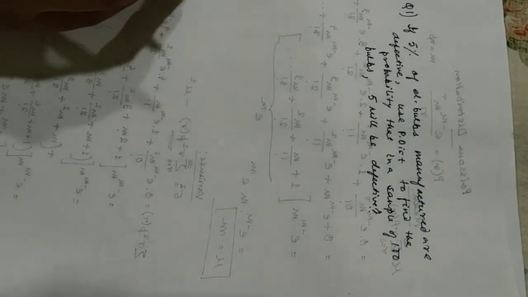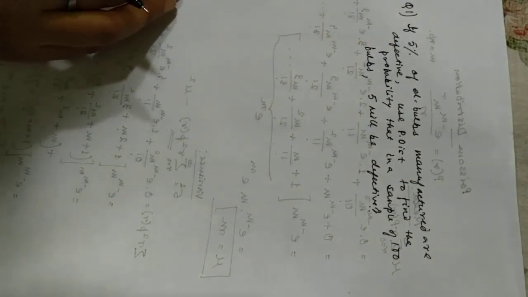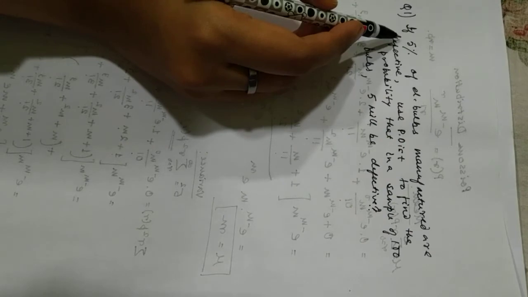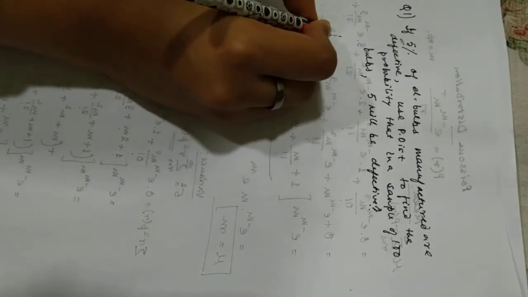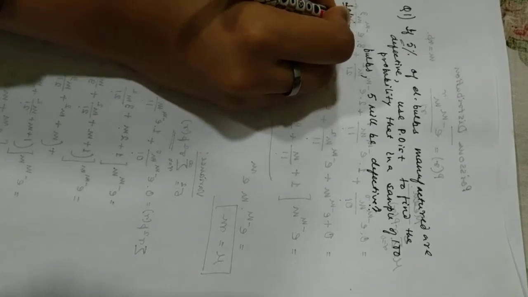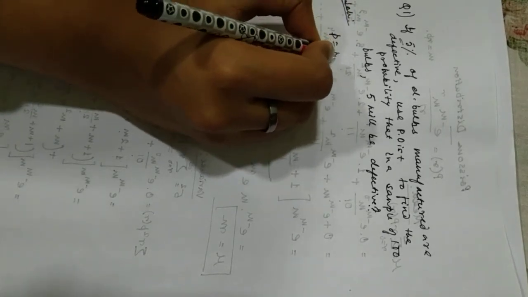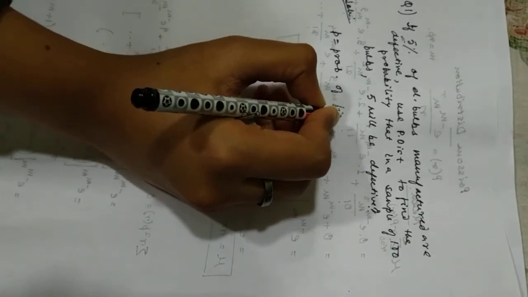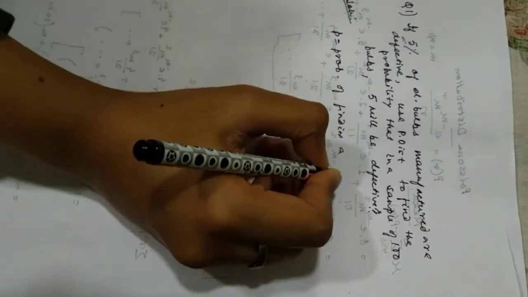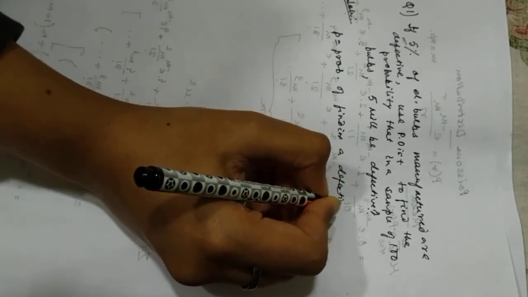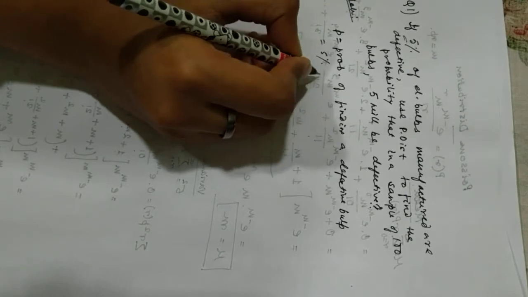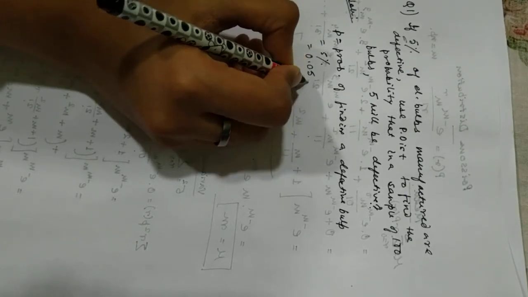So if 5% of the electric bulbs manufactured are defective, we are already given the probability of finding a defective bulb. It is 5%. So let P be the probability of finding a defective bulb, which is equal to 5%, equal to 0.05, right?